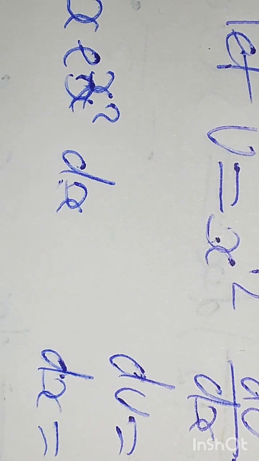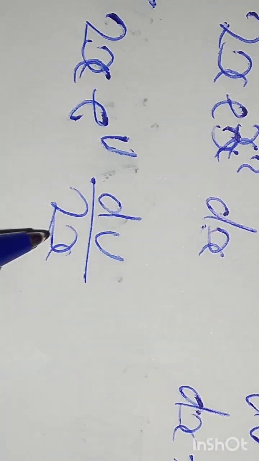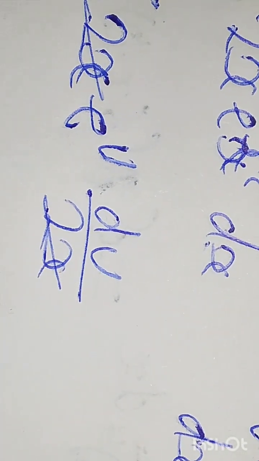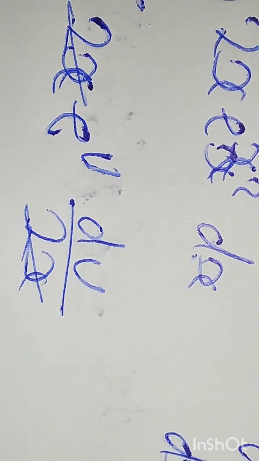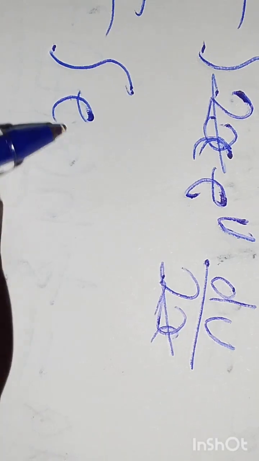Then on dx, we have found dx to be du over 2x. Therefore, you will see that this 2x and this 2x will cancel, which is equal to the integral of exponential u du. So now we're just finding the integration of e to the u.